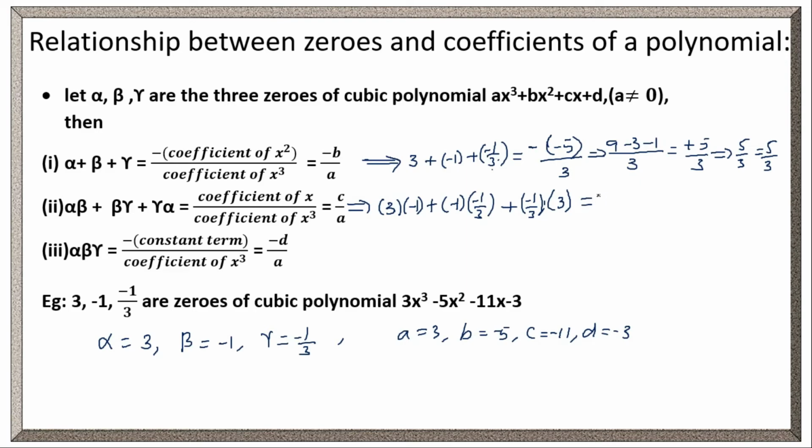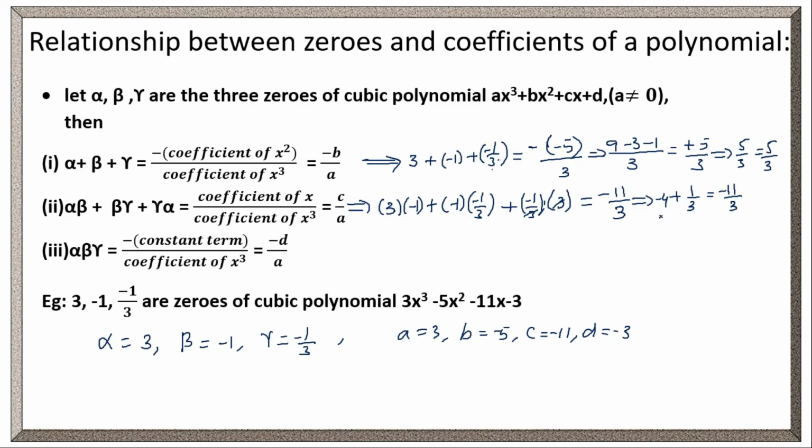C is minus 11, a is 3. So let us see. Let us simplify. So here what is the LCM? Minus 3 minus 1 will become minus 4. Minus 4 plus 1 by 3 equal to minus 11 by 3.